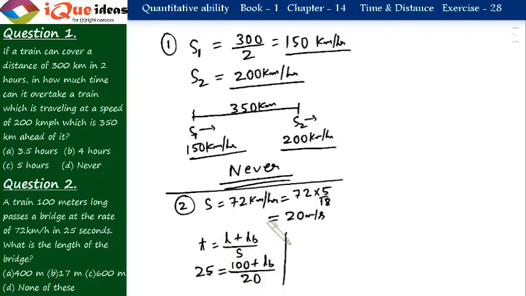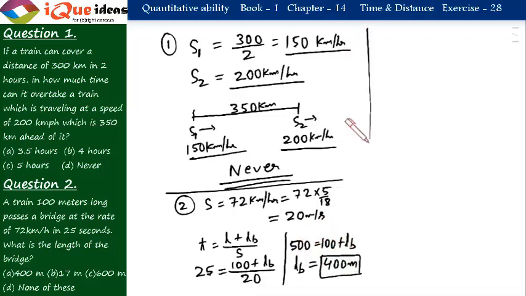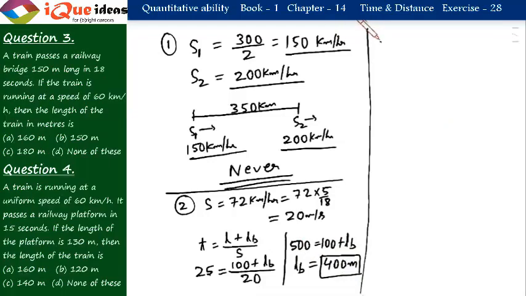So if you cross multiply, 20 into 25 becomes 500, that is equal to 100 plus length of the bridge. So length of the bridge is equal to 500 minus 100, that is 400 meters. That is the answer of this question. These are simple questions.